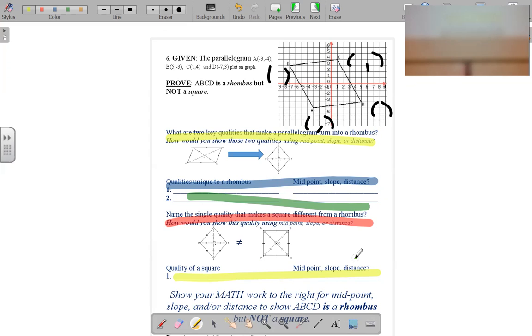No, because that is not unique to a rhombus. Oh, unique to a rhombus. I think that is one of the two qualities that make a parallelogram turn into a rhombus. So unique to a rhombus.